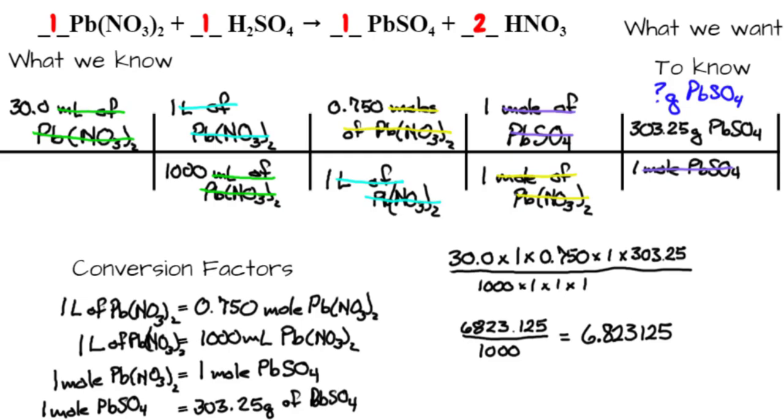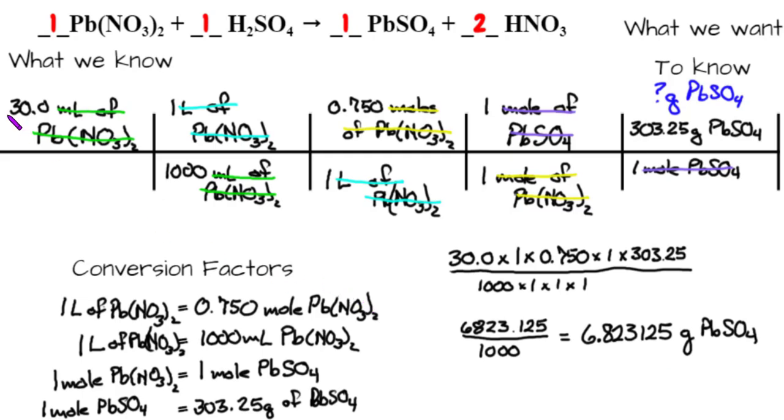When I simplify the top, I get 6823.125. When I simplify the bottom, I get 1,000. When I go ahead and do that math, I get 6.823125 grams PbSO4, which is pretty good.